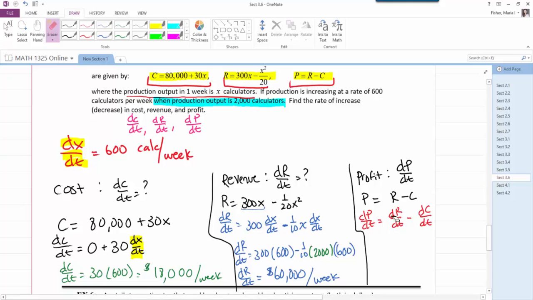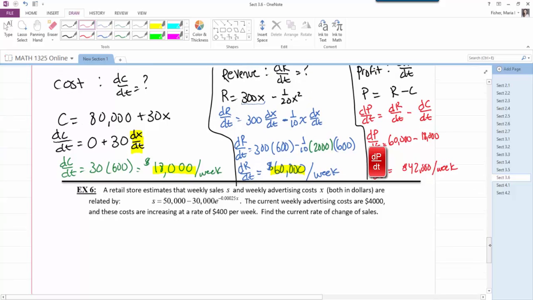And I know what dr/dt is. We found that to be 60,000. And I know what dc/dt is. We found that to be 18,000. So we can solve for dp/dt, or the rate of change of my profit. It's just going to be whatever 60,000 minus 18,000 is. So the rate of change in my profit is going to be $42,000 per week.